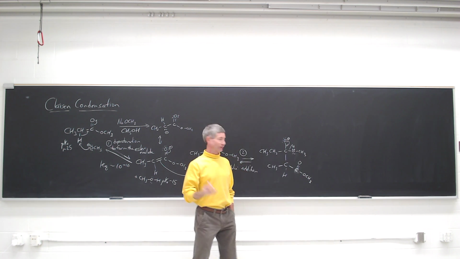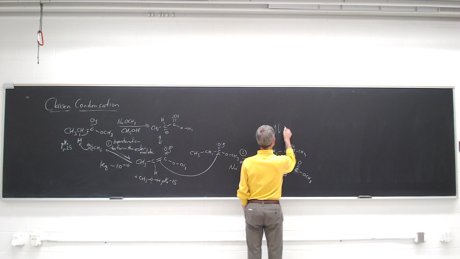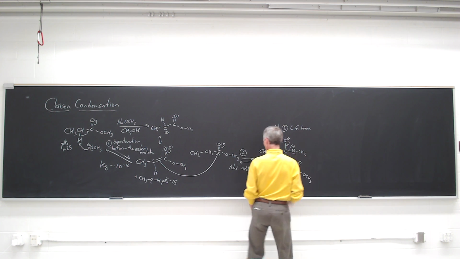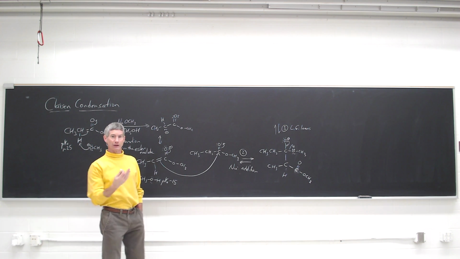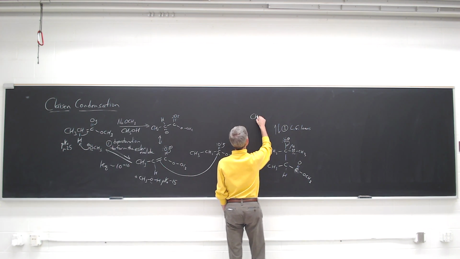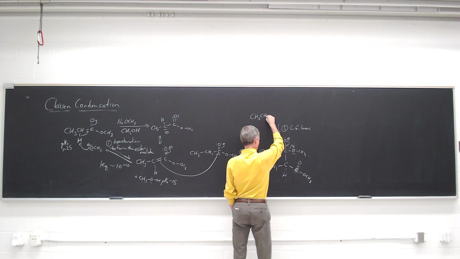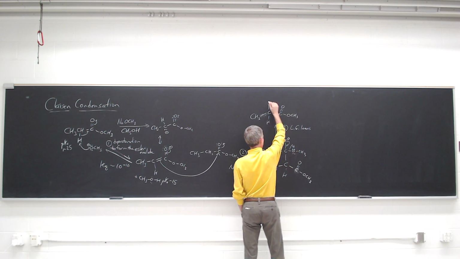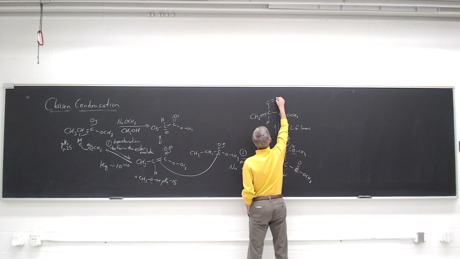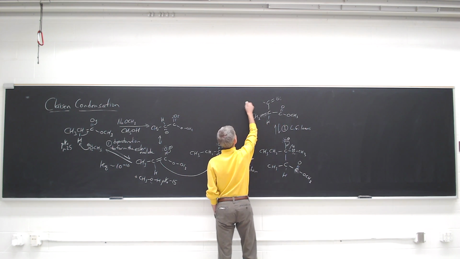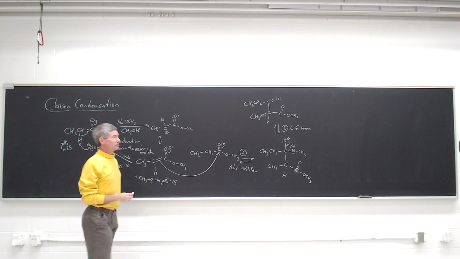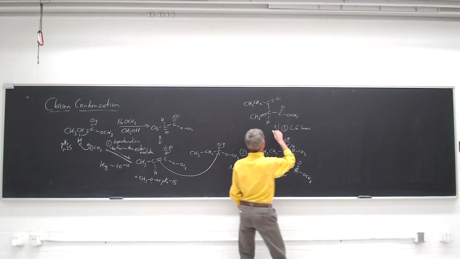So instead of doing a nucleophilic acyl addition reaction, we do a nucleophilic acyl substitution reaction: addition in step 2, and elimination of the leaving group in step 3, to regenerate the ketone and generate the beta-ketoester.